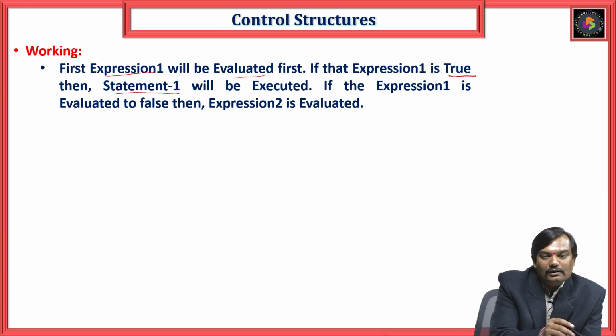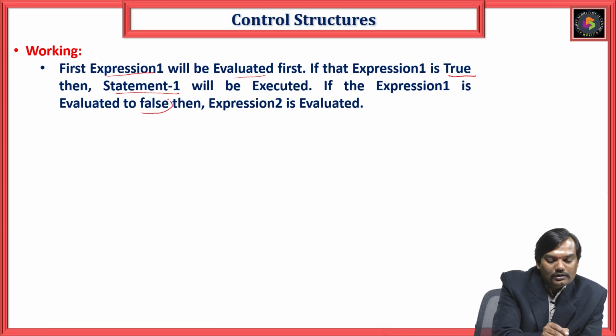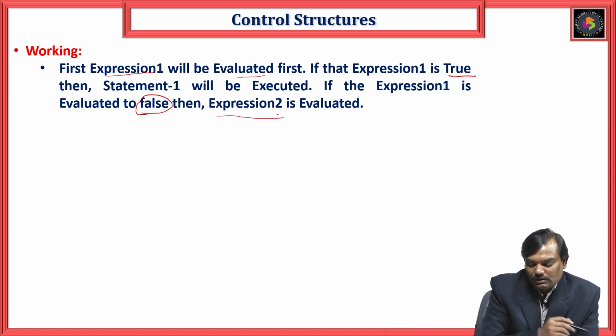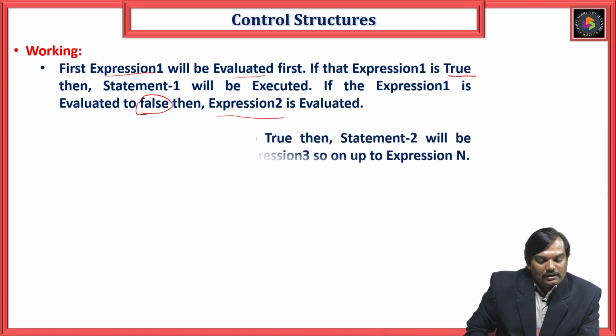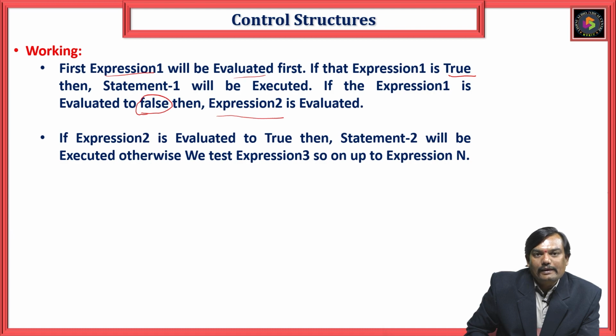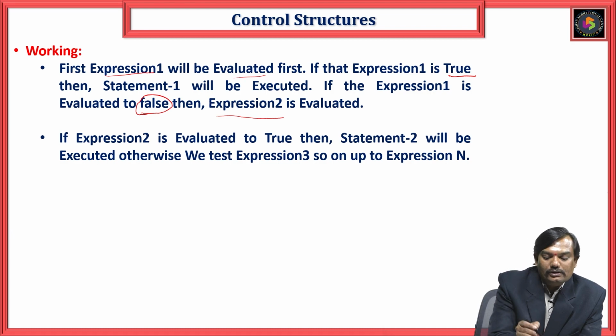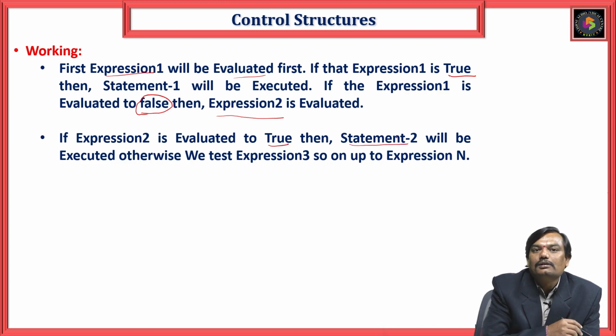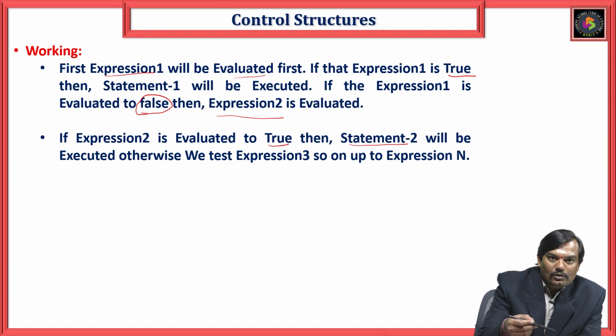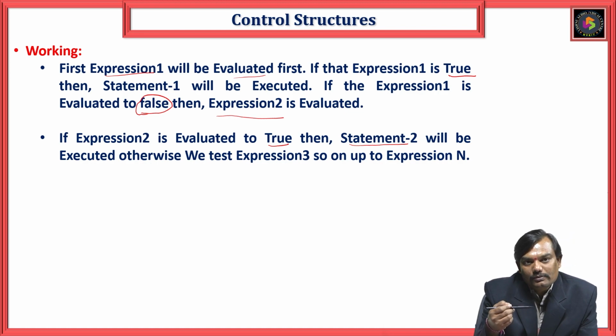If expression 1 is evaluated to false, then expression 2, which is inside the else if statement, is evaluated. If expression 2 is evaluated to true, then statement 2, the body of the else if statement, gets executed. Like this, all the conditions we require to test will be evaluated.